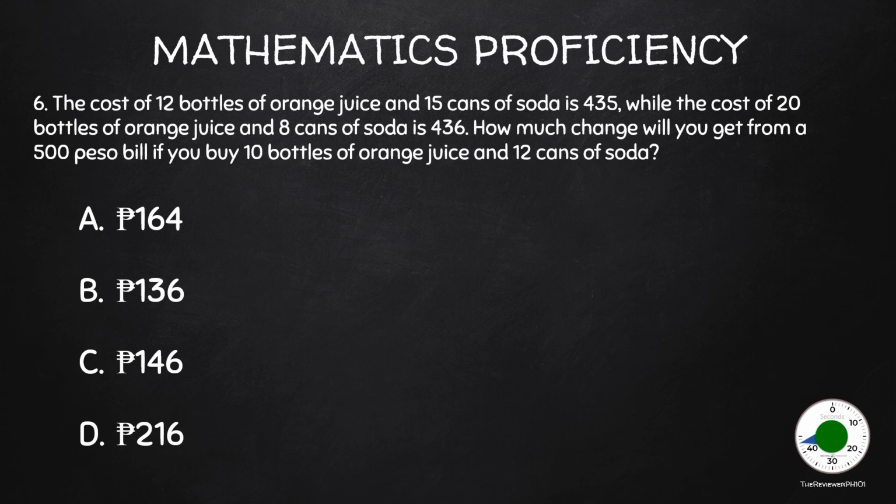Six, the cost of 12 bottles of orange juice and 15 cans of soda is 435, while the cost of 20 bottles of orange juice and 8 cans of soda is 436. How much change will you get from a 500 peso bill if you buy 10 bottles of orange juice and 12 cans of soda?